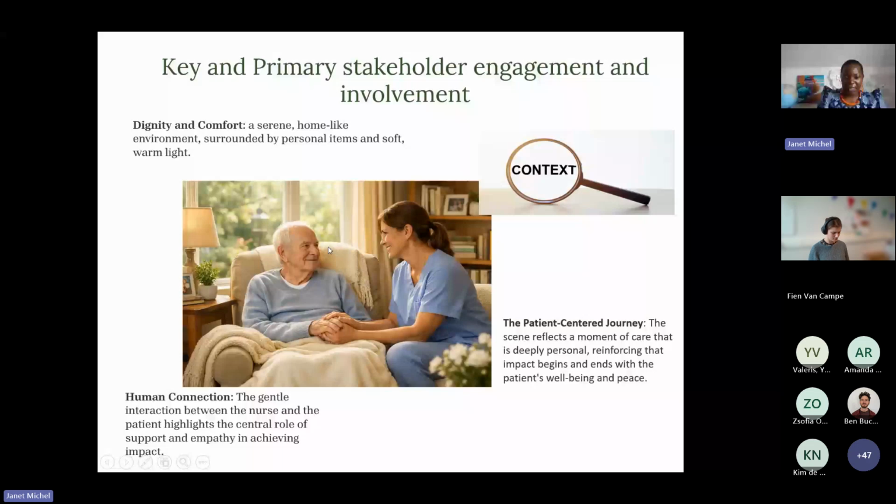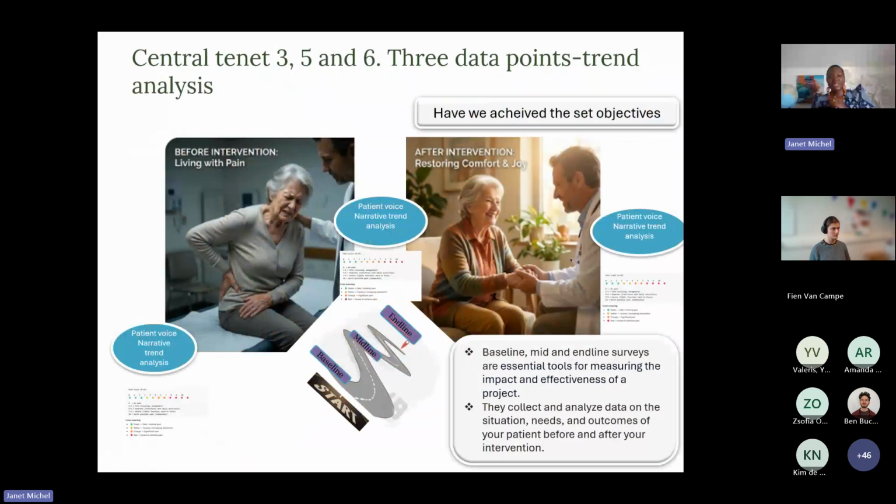As we can see, there are moments of care which are really deeply personal, and also that human connection, that gentle interaction between the nurse and the patient, highlighting that both the patient and the nurse have come up with this theory of change and intervention, and it's working. The patient is very happy and feels well. With the central tenets 3, 5, and 6, we're talking about baseline, midline, and endline.